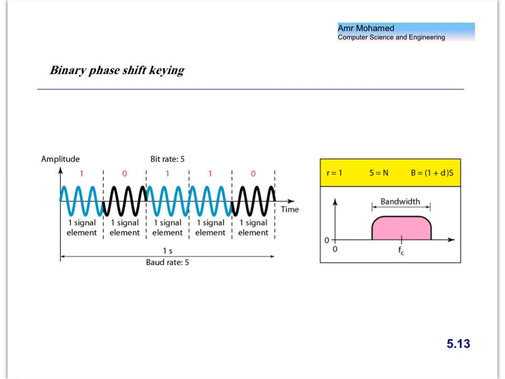So the way that we use PSK, or phase shift keying, is to represent the 1 as a sine wave with a phase shift of 0 and the 0 with a phase shift of 180 degrees, which is a minus sign. So as you can see, the PSK signal is inherently non-coherent.